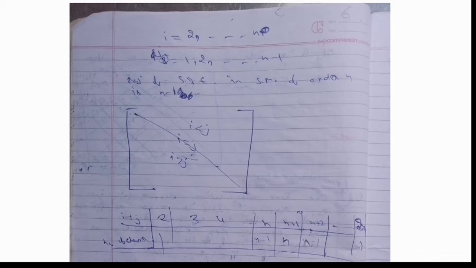I have made a table for you in which I am stating that the elements having suffixes such that i plus j has sum 2, 3, 4, n plus 1, n plus 2, up to 2n. The sum changes from 2 to 2n. The number of elements having the sum i plus j equal to 2 is 1.